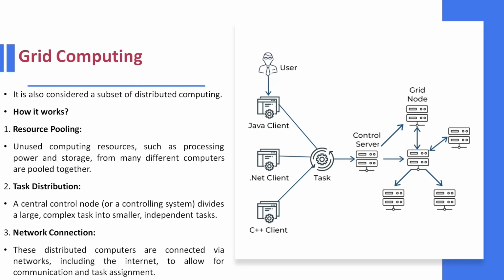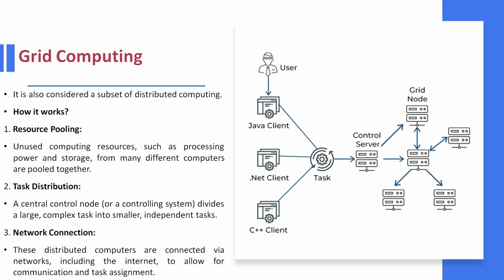First of all, resource pooling. Unused computing resources such as processing power or storage from many different computers can be pooled together. That is the main fundamental of grid computing, because you are using some unallocated resources and pooling those resources for your task or use. Now task distribution.